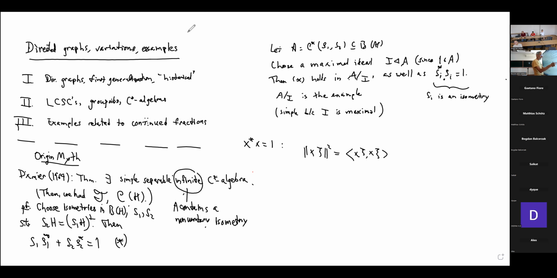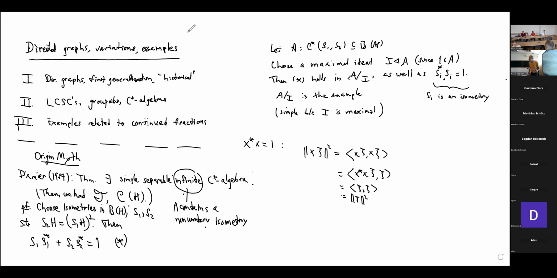And now the adjoint lets us pop this over to the X star X. Maybe this isn't answering your question. X star X being 1 means that it's just the square of the norm of the vector. So this equation tells us that X preserves length.